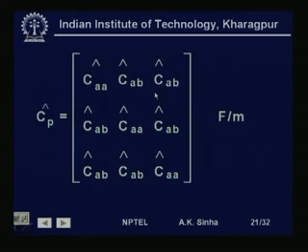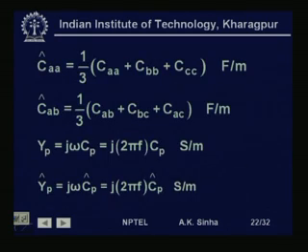Now, the relationship which governs these capacitances: C_aa hat is the average of C_aa, C_bb and C_cc, because each phase conductor is occupying the 3 positions for 1/3 length of the line.